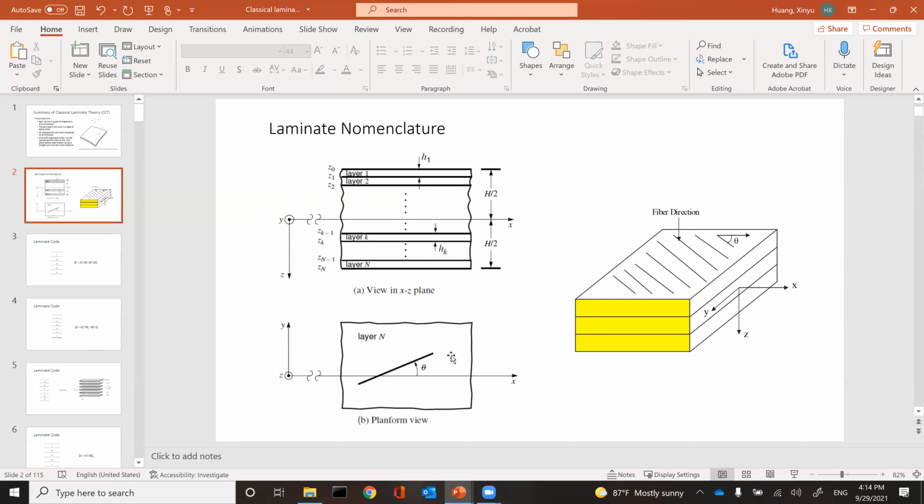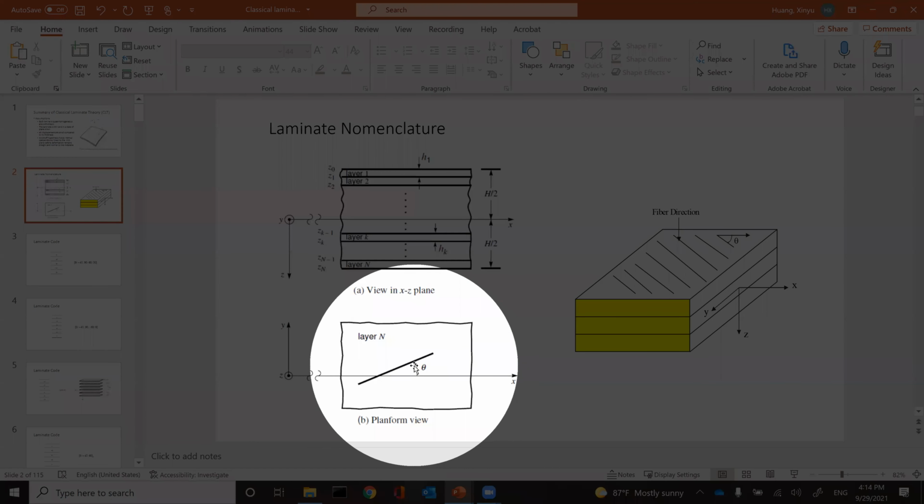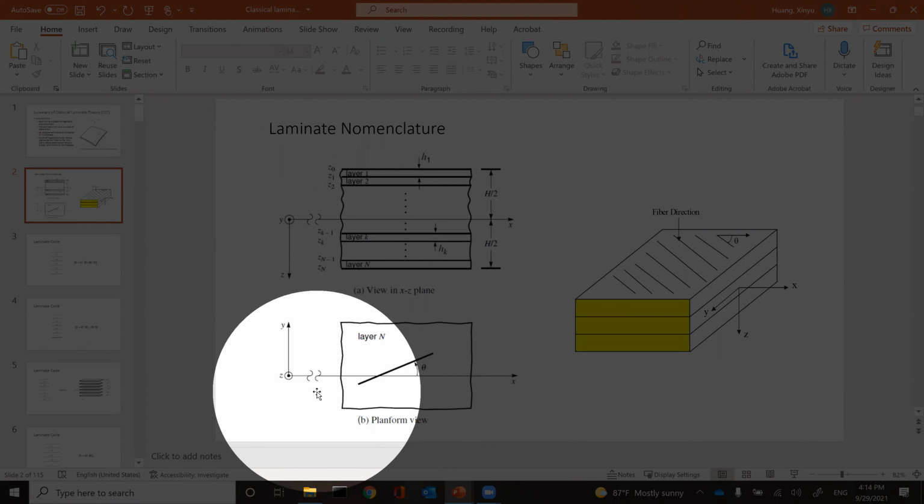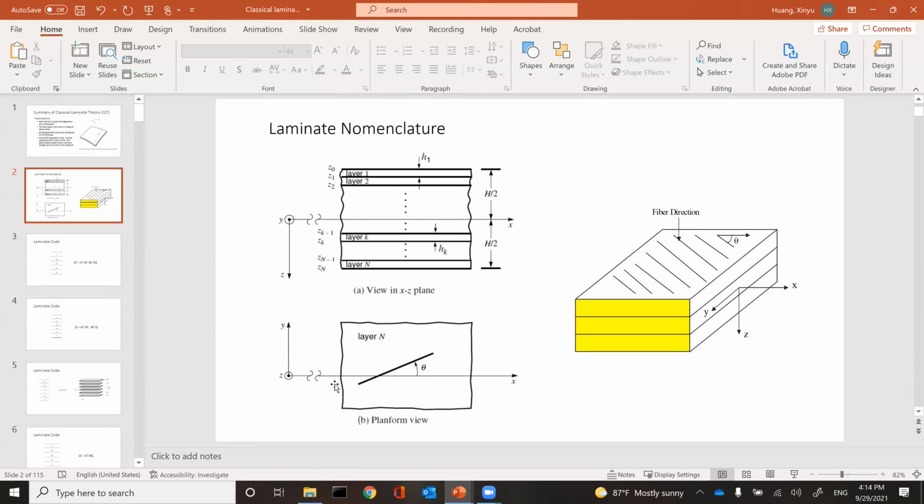Look at the definition here. This is the definition of theta. If you look down along the z direction, z is pointing out of the screen. It's the right-hand rule. X cross Y gives you Z, right? If you look toward the arrow Z direction, the counterclockwise rotation of X is theta.